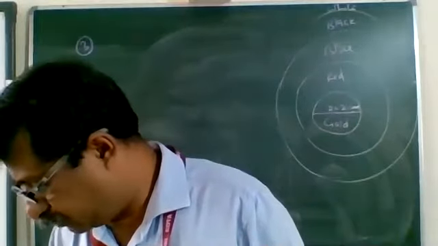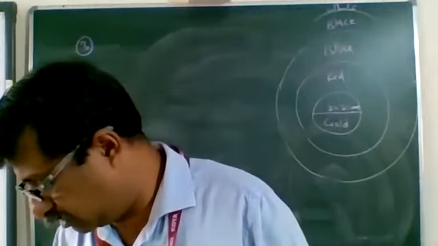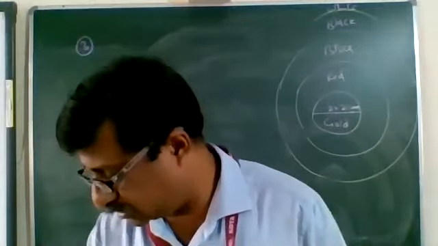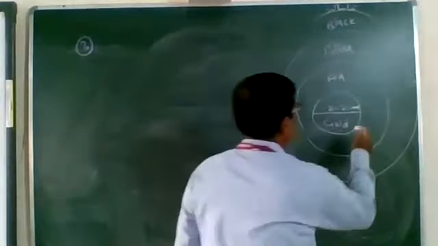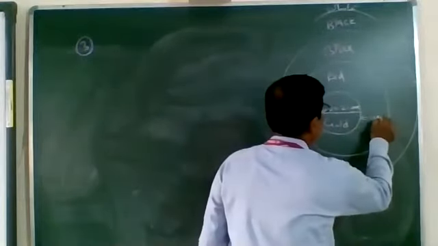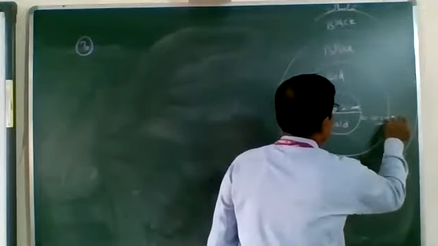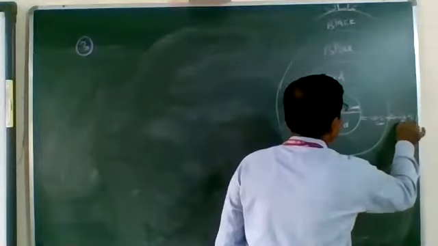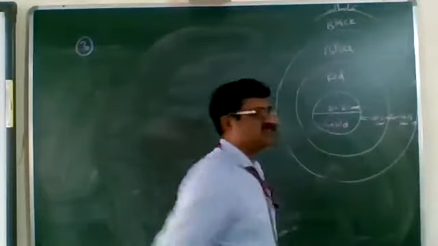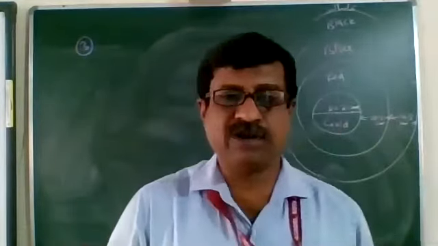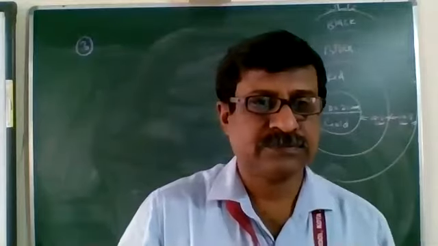Each of the other bands is 10.5 centimeter in width. This is 10.5 centimeter, again this is 10.5 centimeter. In that way, each of the widths is 10.5 centimeter.